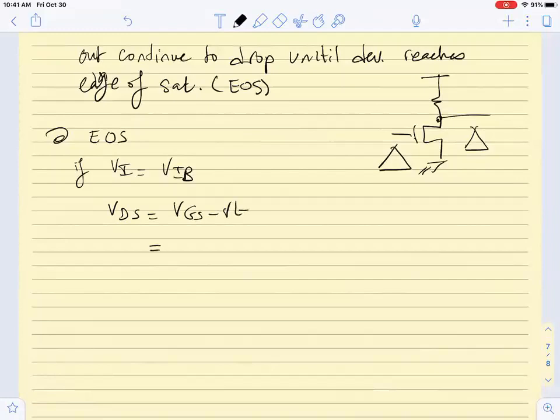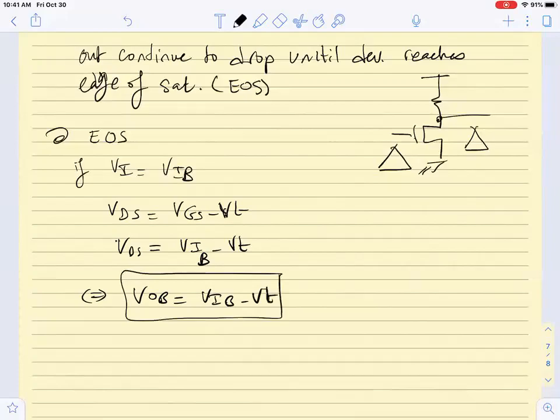But what is VGS here? It is Vn minus VT, meaning VIB minus VT, so VDS is equal to VO, meaning VO equals VDS, if and only if VOB is VIB minus VT.